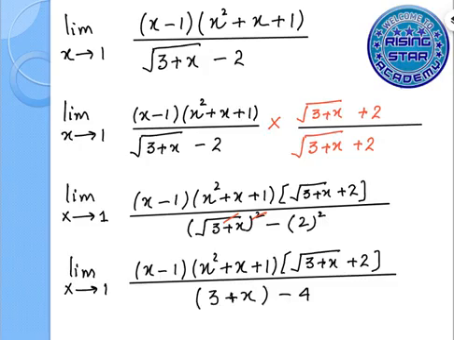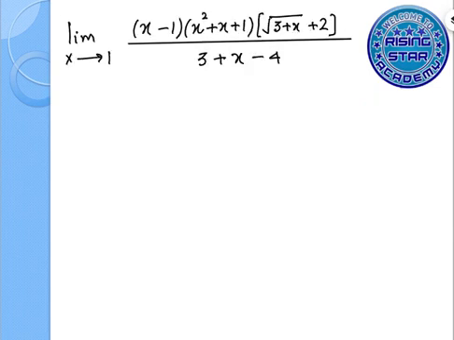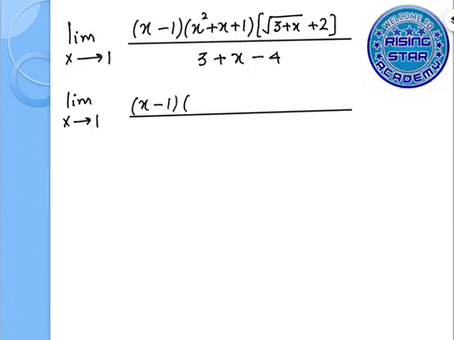So I will remove the square root and then write the next step. After removing the square root sign, my result would look like this. So I would again simplify in the next step. In this step, I removed the brackets. So the numerator would be written as it is. Now I will simplify the denominator value. That would be (x - 1)(x² + x + 1) times (3 + √(x + 2)).